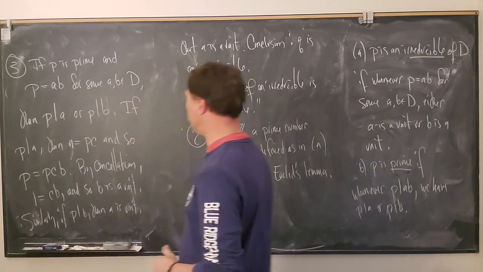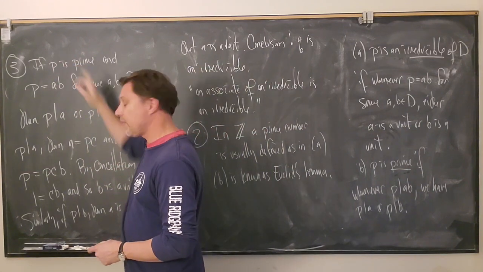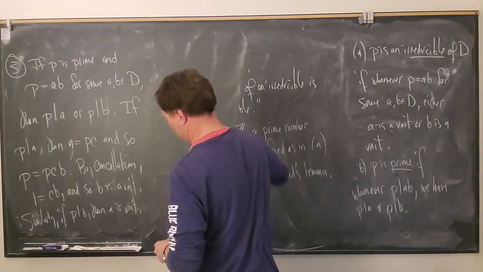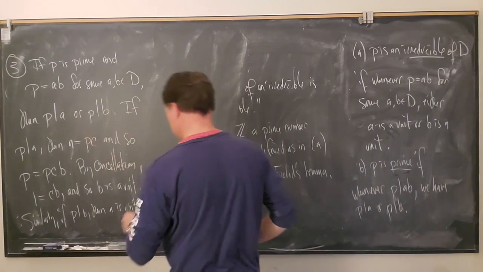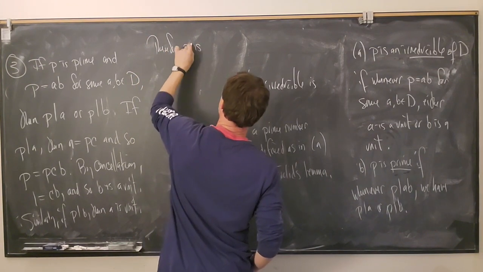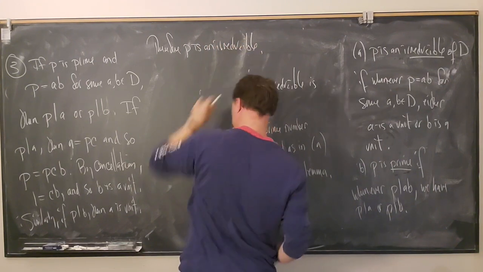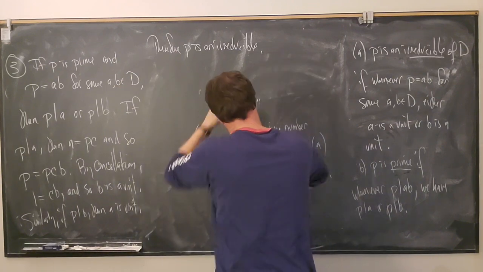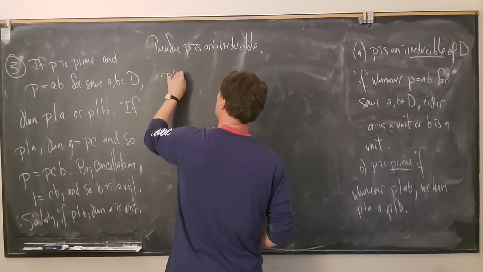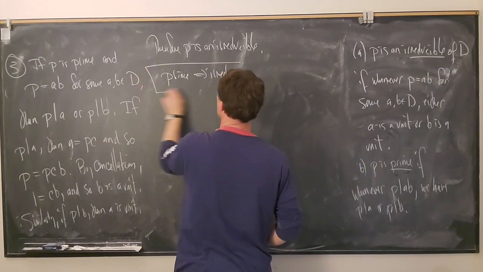So what did we just prove? We proved that if P is prime, then P is an irreducible. So if you want to paraphrase this, what we have is a prime implies irreducible.